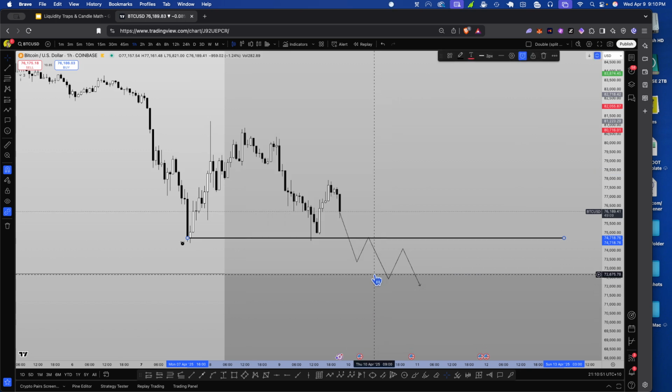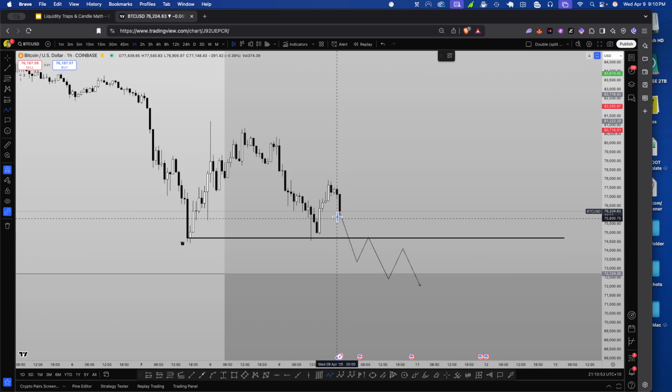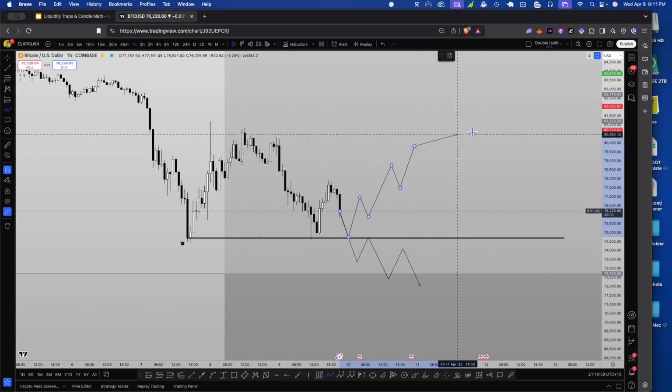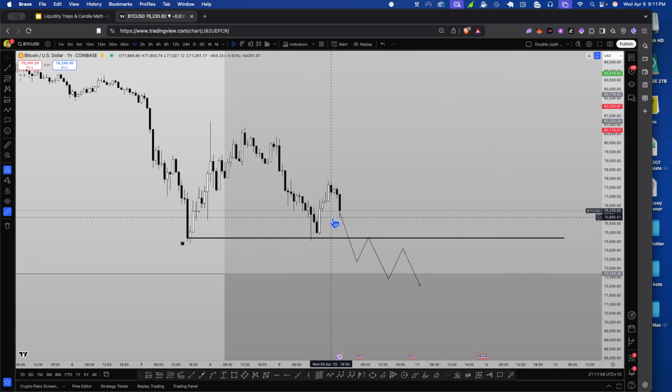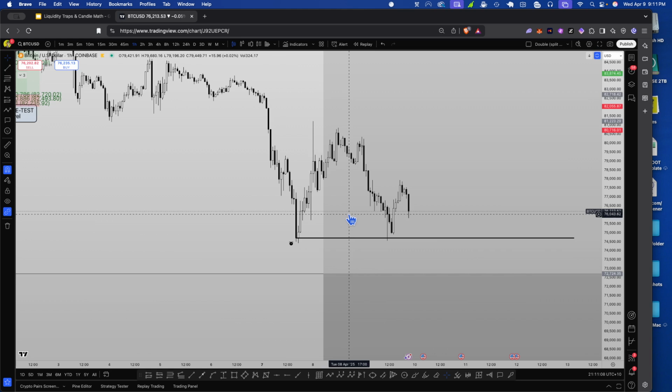Okay, so, but we can also see a situation now where we do this, and we start making obviously higher highs, and then eventually we go above here, and then all of a sudden we're up here. So too early to see, but we're definitely at critical levels here for BTC.